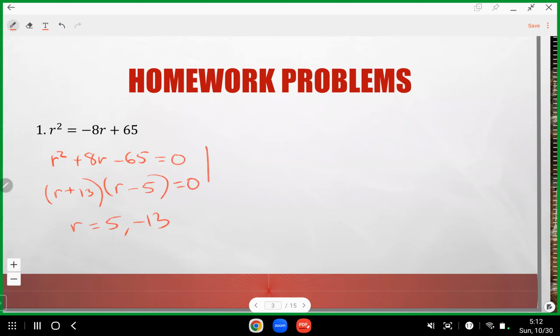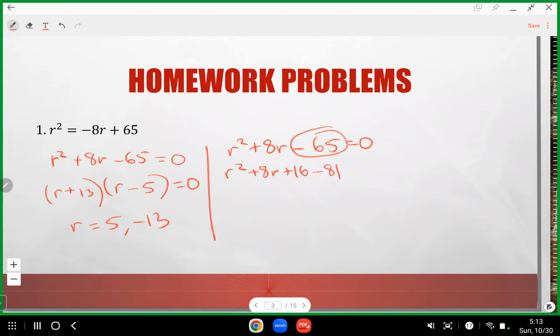Because we want to make r plus 4 squared. But if we're adding 16, we have to make that equal, so we're also going to have to subtract 16. So basically, in total, we're subtracting 81.